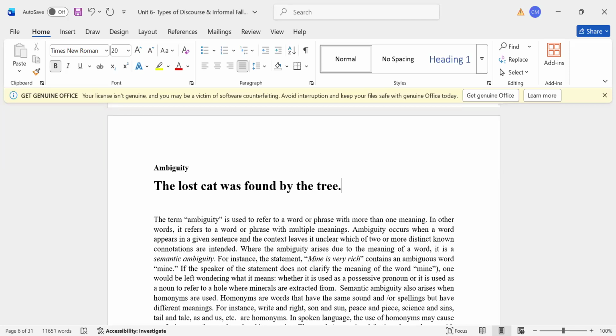So even though it is grammatically correct, it is ambiguous. The entity, the object that found the lost cat was called a tree. It could also mean the lost cat was found at a place close to a tree.